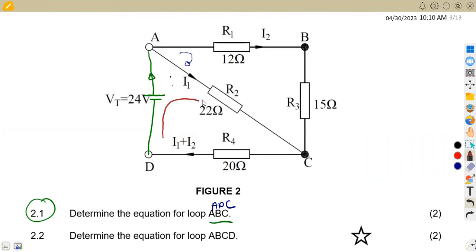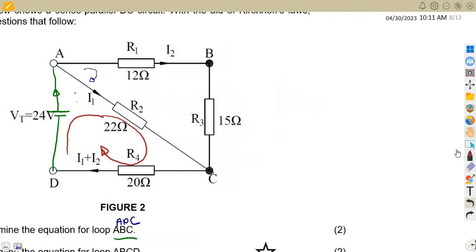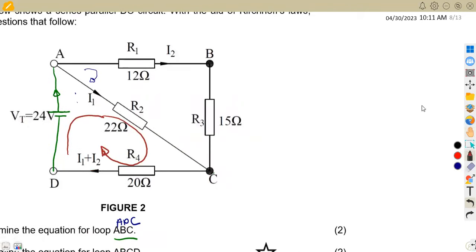This is the flow of current from the positive, in this direction. Like I said, this is 2.1 ADC, not ABC. So I'm going to work ABC on a separate question. You will see that we are going to obtain the same thing, but in this case, I'm going to correct that to ADC as it was given. So this is our loop ADC, back to A also.